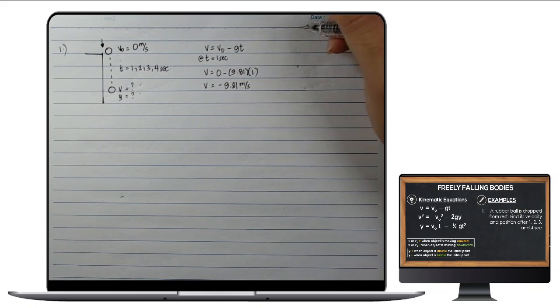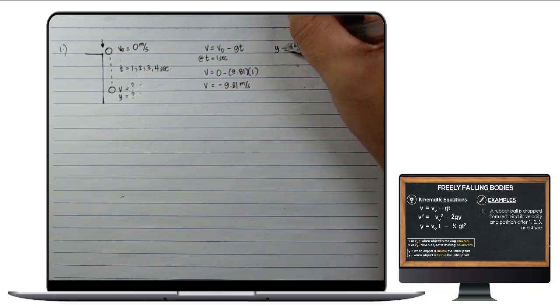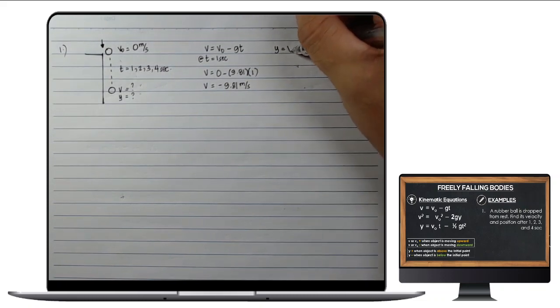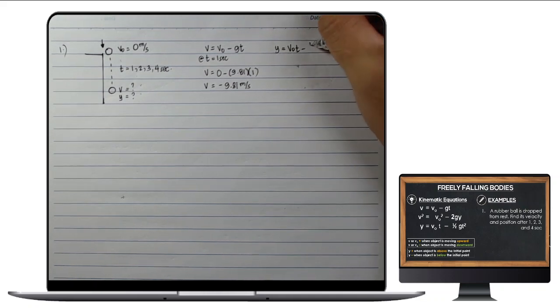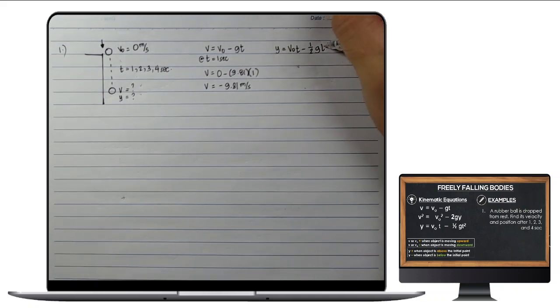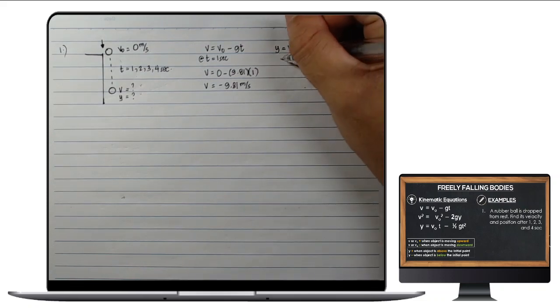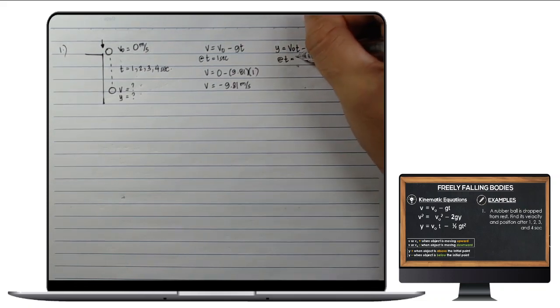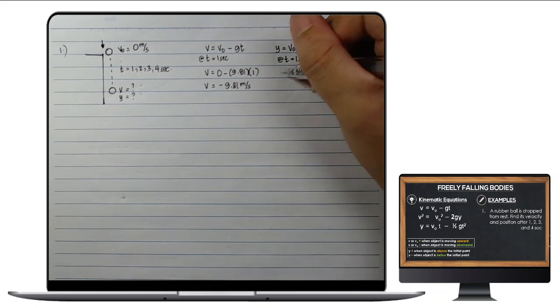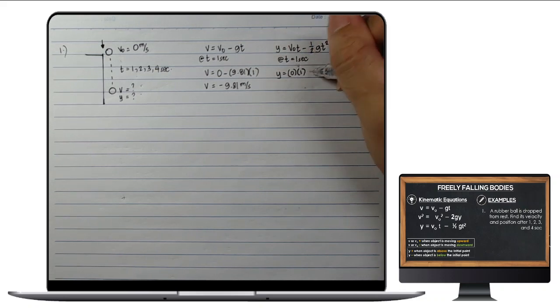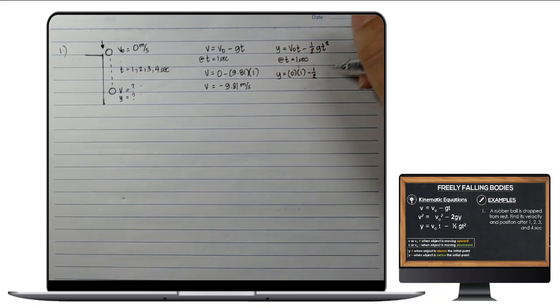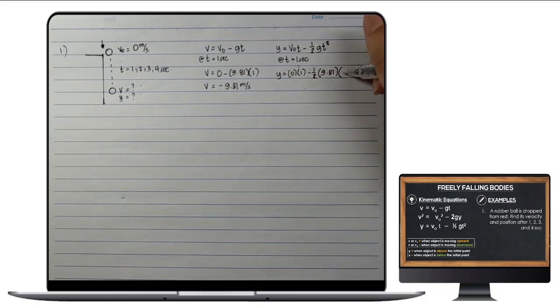So using the third equation, y is equal to v0 t minus 1 half g t square. So substitute lang natin dyan. Again, at t is equal to 1 second, y is equal to v0, that is 0, times t, which is 1, minus 1 half, g is 9.81, then that is 1 squared.